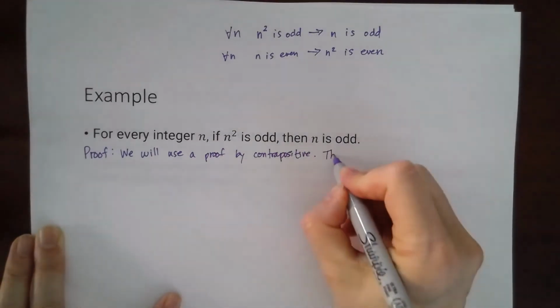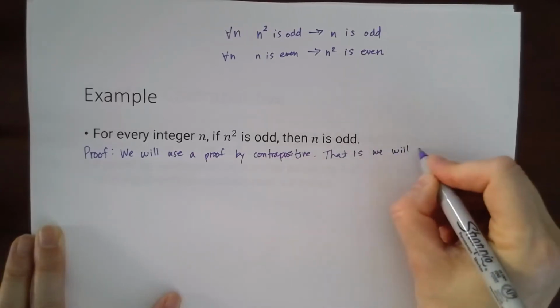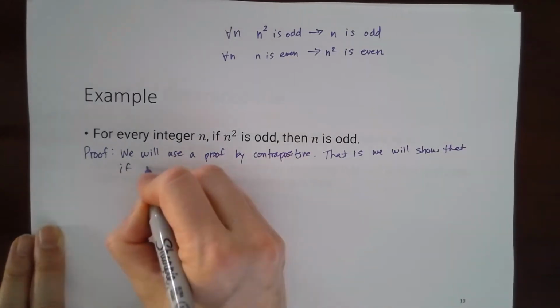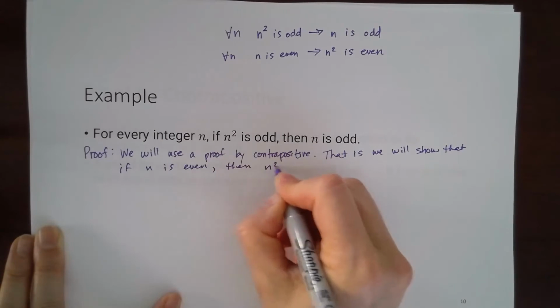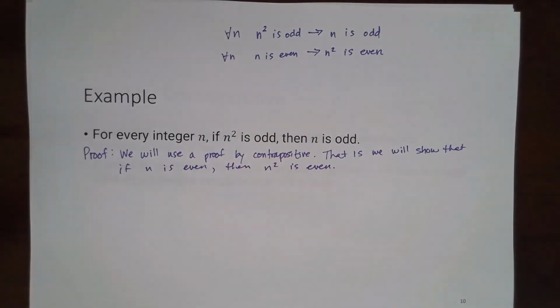So something like: we will show that if n is even, then n squared is even. And now the person reading our proof knows exactly what we're going to do.